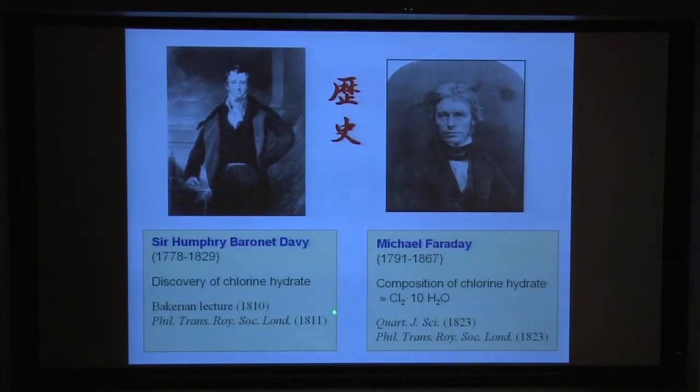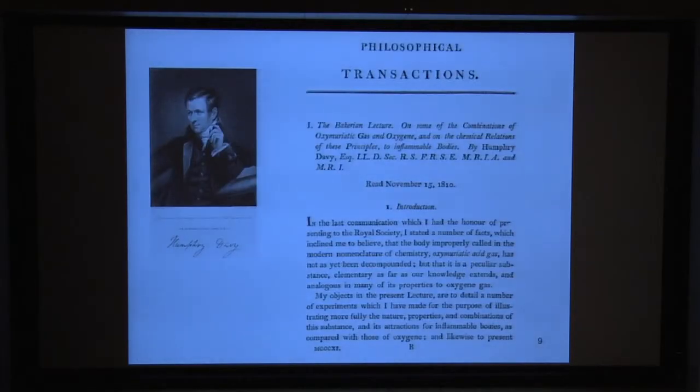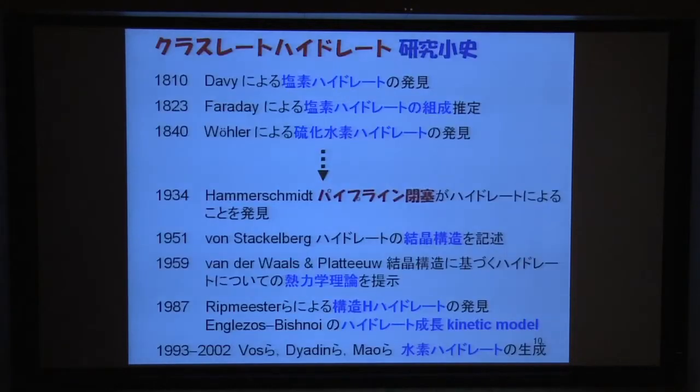And Michael Faraday, who had learned from Sir Davy, came up with a composition of chlorine hydrate of Cl2 and 10H2O. So this is more or less 200 years ago, and we can say that this year is the 200th year since the founding of clathrate hydrates. And this is the first page of the paper that you can actually see.